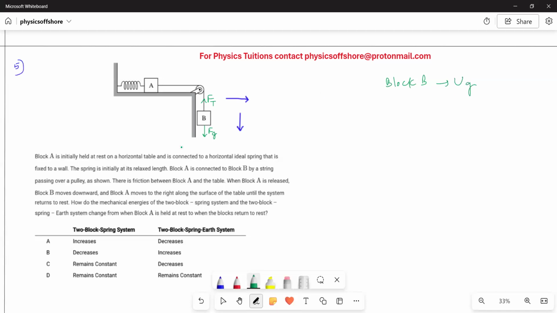The spring and block A have no energy at all.